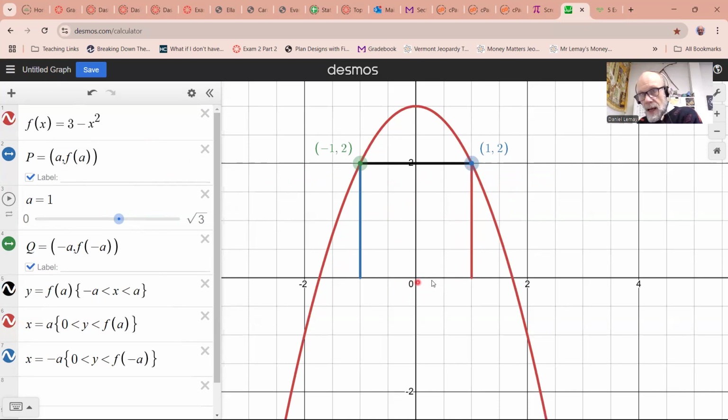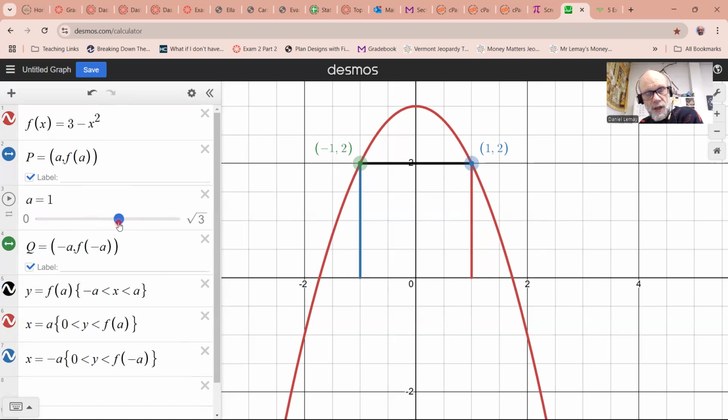The reason is, plugging in 1, 1 squared is 1, and 3 minus 1 is 2. So this rectangle is 2 this way and 2 this way. It's a square, so that area would be 4.